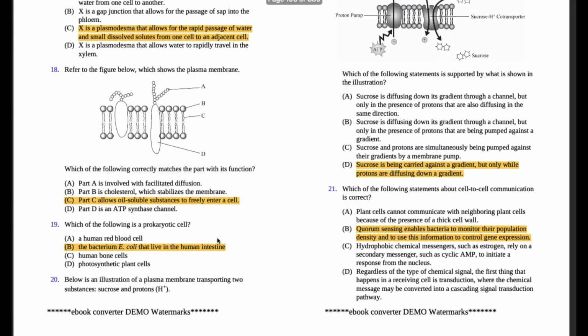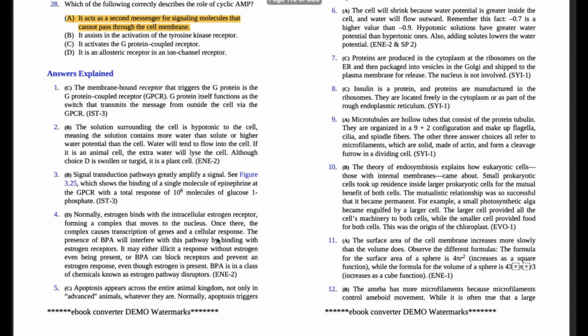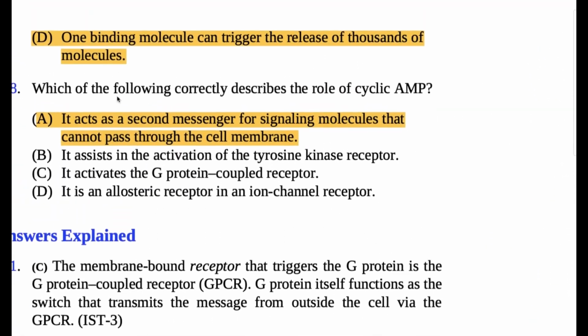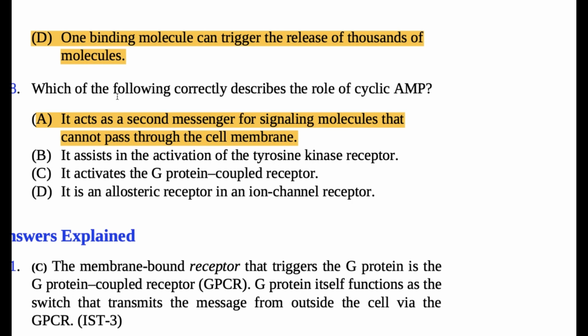So you see that's not the case. It does not activate the G protein. It's actually the opposite of it, like the G protein coupled receptor, right? It was activated by the ligand, not the cyclic AMP. The ligand comes from outside the cell, and the cyclic AMP is produced inside the cell.